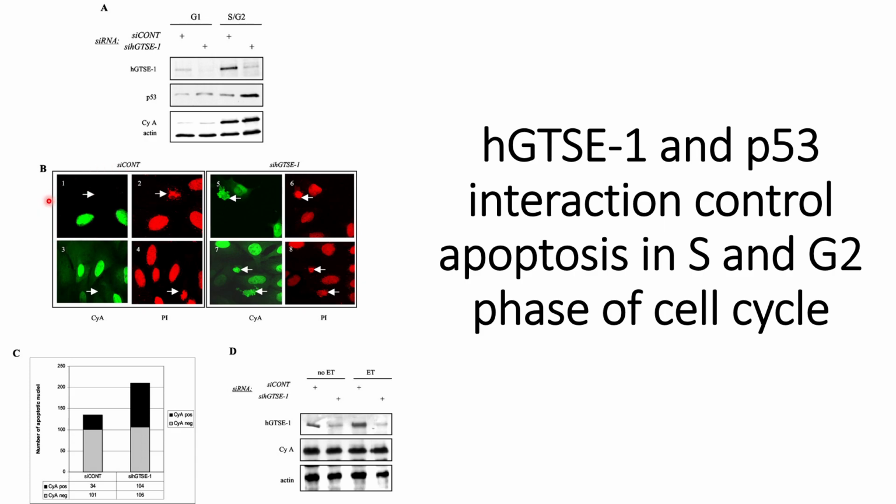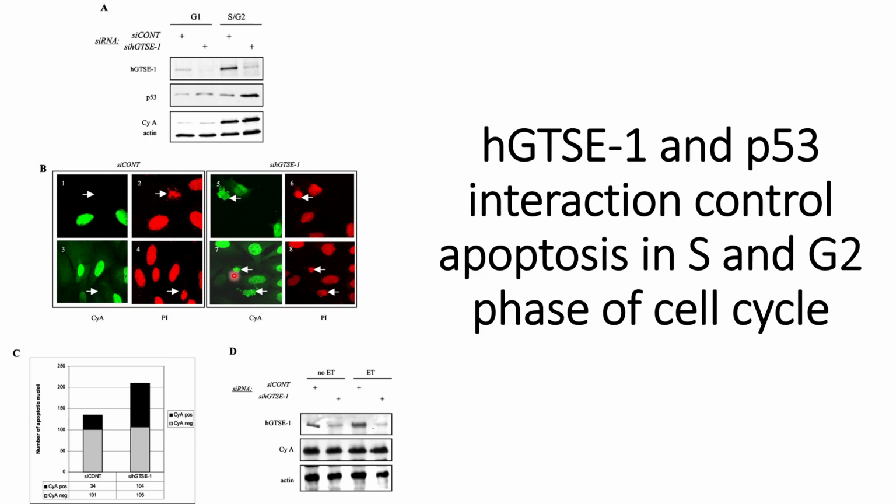This is how they computed this. First they test whether the cells are in S and G2 phase or not, and if they are, then they check whether their nuclei have an apoptotic condition or not. In this case, the cells are not in S and G2 phase, since they are not positive for cyclin A. However, these cells are in apoptotic condition.